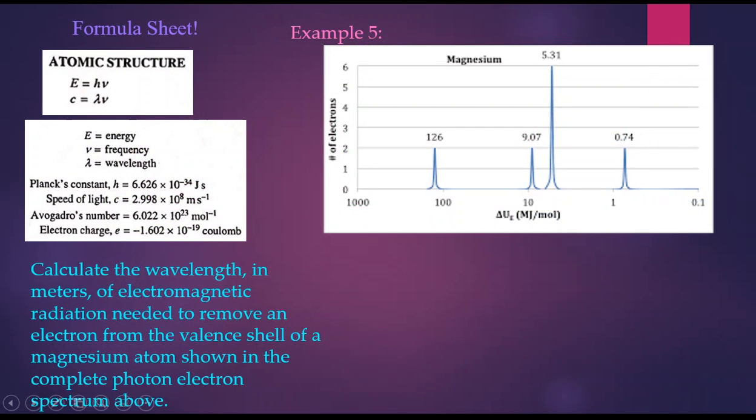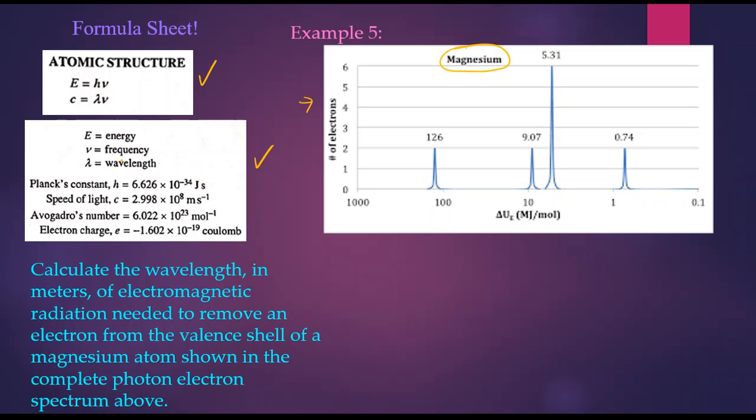So this is the example question that I saw about applying these equations to the photoelectric effect. Here they gave us the photoelectron spectra of magnesium. This is what's on the formula sheet, so I put them in here so you could see the different ones that they give you.